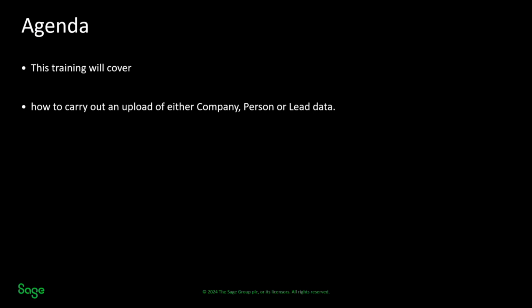In this lesson, we're going to be looking at specifically the knowledge needed to understand how to carry out an upload of either company, person, or lead data. We're actually going to be looking just at two examples, the upload of lead data and then a more interesting upload of company information.